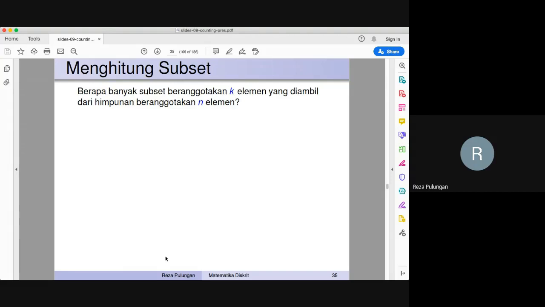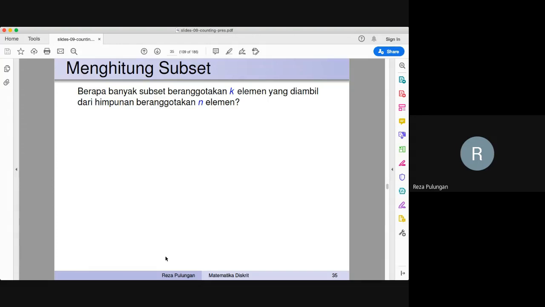We may be asked how many subsets are there whose elements are k elements that you can take from another set, a larger set that contains n elements. So what does it mean? Well, originally you have a large set, say that this contains n elements. And right now, how many subsets with k elements can you take from this set?